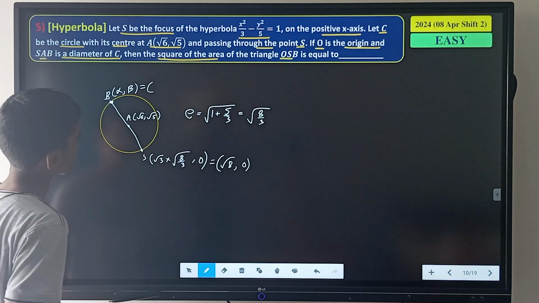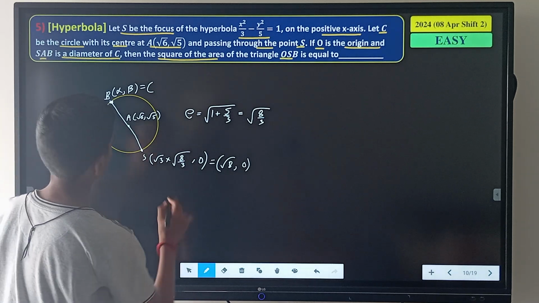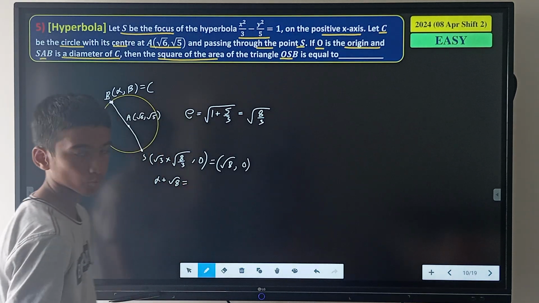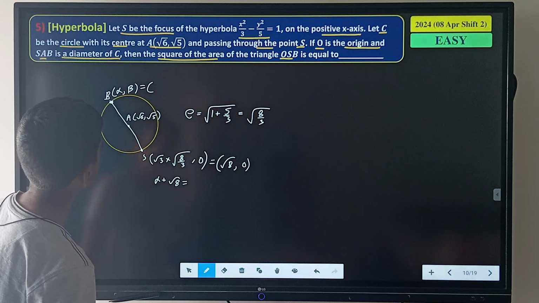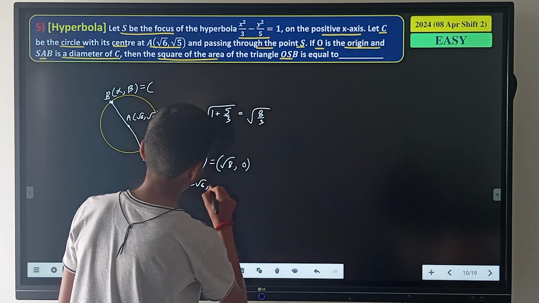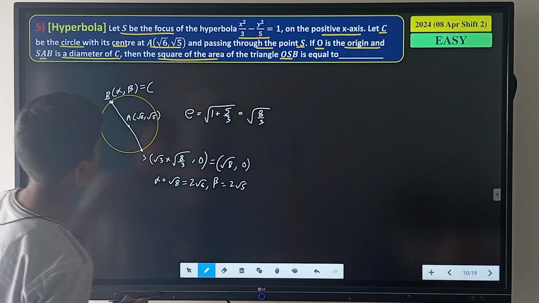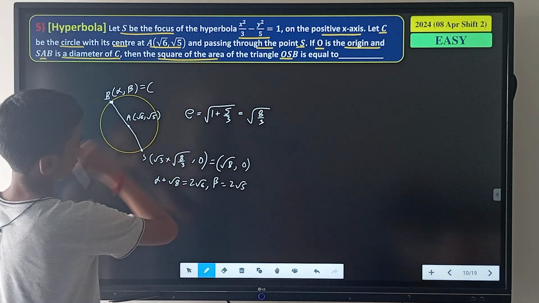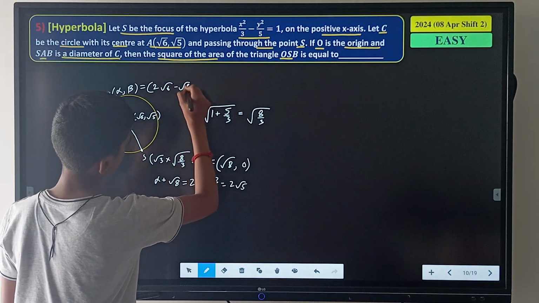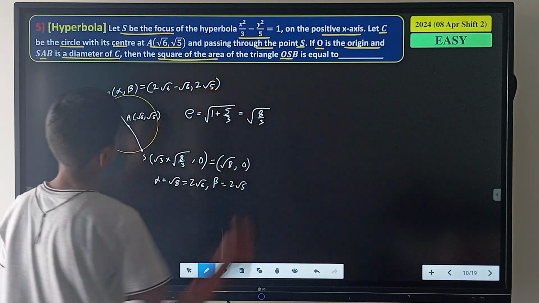So we will get (alpha plus root 8) by 2 is equal to root 6, and beta by 2 is equal to root 5. We will get here B as (2 root 6 minus root 8, 2 root 5).